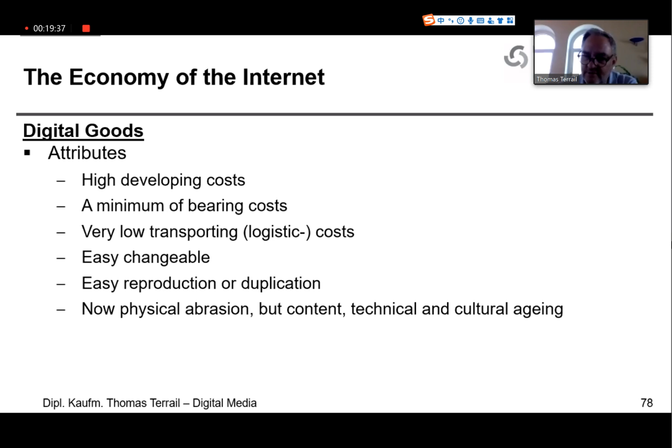So this is something which is very expensive. But if you have digital goods, it's not a problem. You upload your update, and then it can be installed by the users.